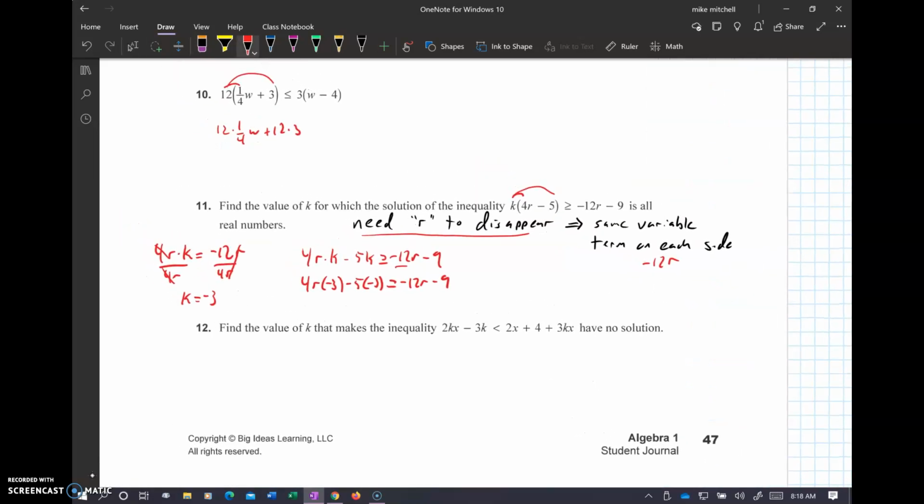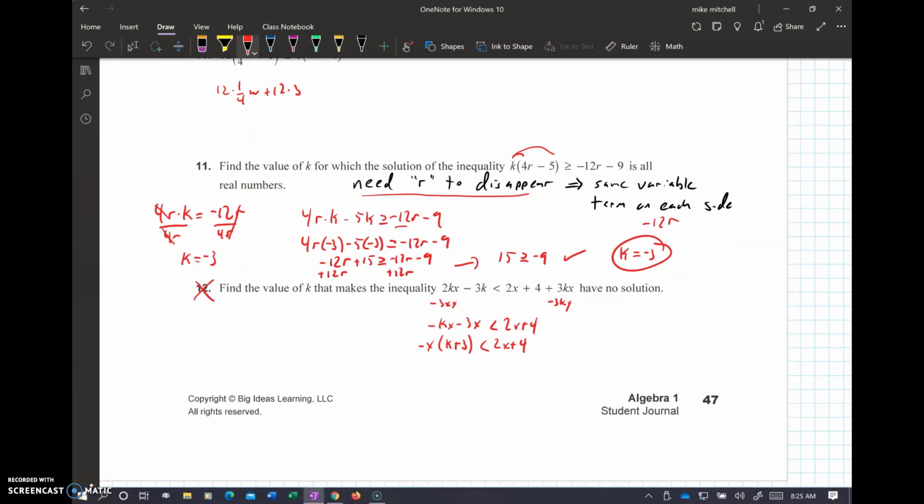So this is going to give me negative 12r, negative times negative plus 15, greater than or equal to negative 12r minus 9. I add my 12r, I add my 12r, and that's going to give me 15 greater than or equal to, whoops, not negative q, negative 9. That's all real solutions. It checks out.